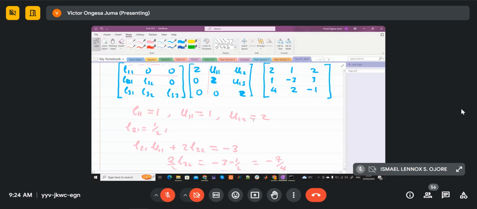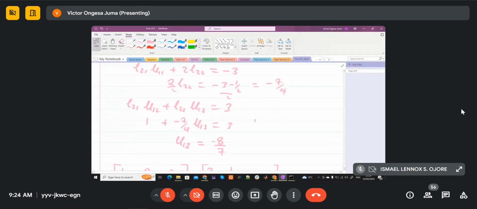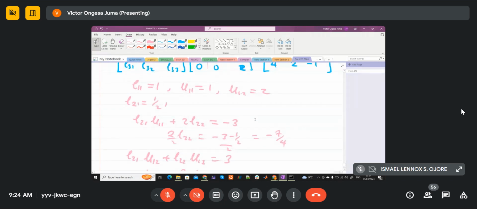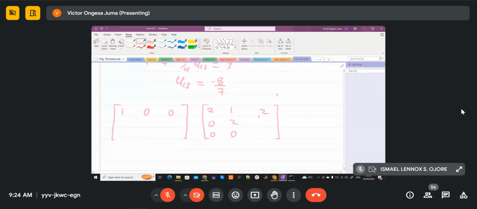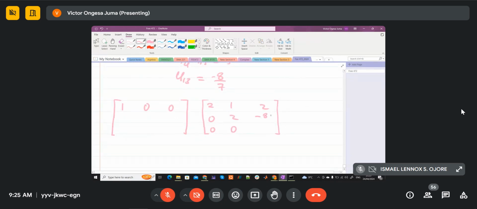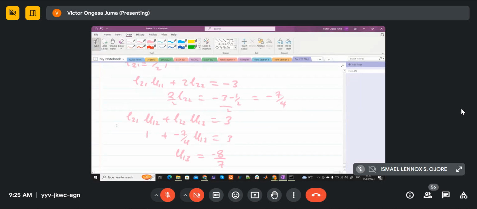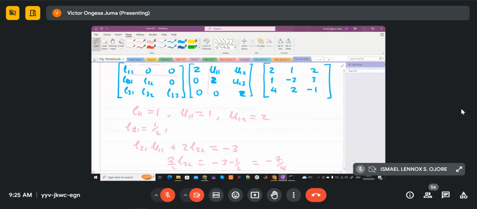And then we found U12. What did we find as U12? It is 2. So that is 2. We found U13 as minus 8 over 7. And then this is 2. Oh, so we are almost done. So we found L21 as a half.